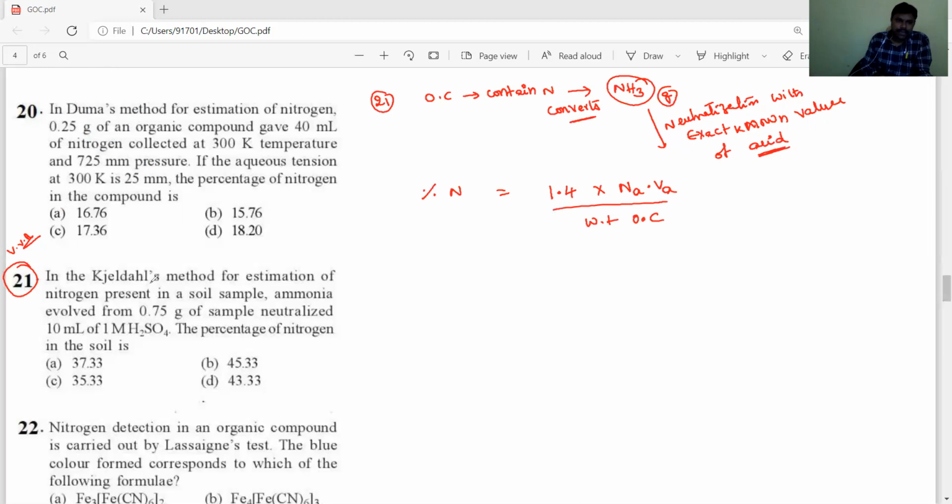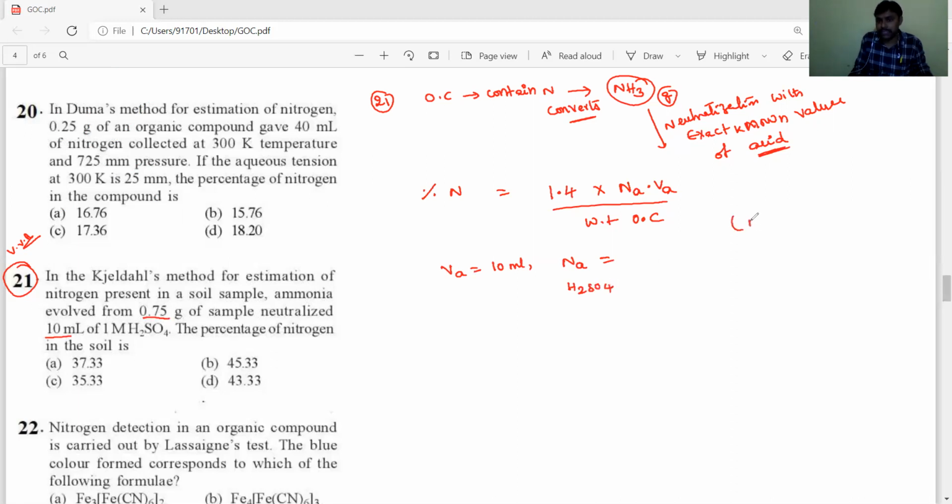In the Kjeldahl method, if you observe, the estimation of nitrogen present in a solid sample as ammonia is evaluated from 0.75 grams. So the weight of the organic compound is 0.75 grams. The resultant released ammonia gas is exactly neutralized by 10 ml of acid. The acid here is H2SO4.